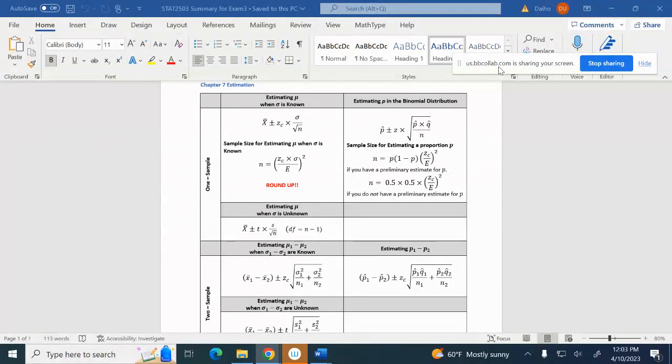So you have to read the problem carefully and figure out if it is 1 sample or 2 samples, for the mean or proportion, sigma and sigmas using the z-score, and S1, S2, t-score. Any kind of proportion, we always use the z.